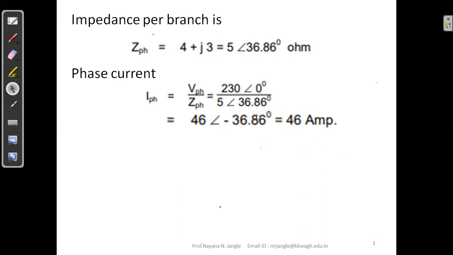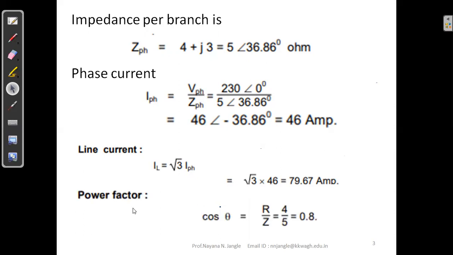Here this is your phase angle. Then the line current and phase current are not the same, as it is a balanced delta connected system. The relationship is that IL is equal to root 3 times IPH. So line current is equal to root 3 into 46, that is the phase current. The line current is 79.67 ampere.